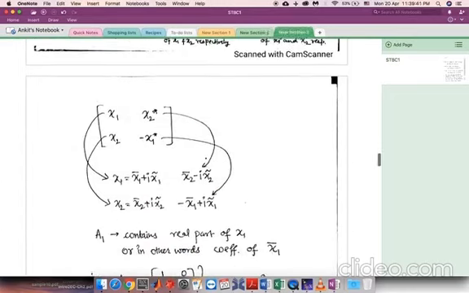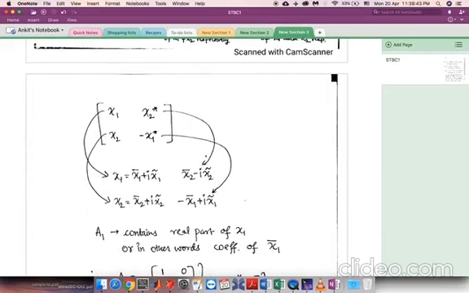Okay. So let's see in another manner. This x1 is nothing but x1 bar plus iota x1 tilde, and x2 is x2 bar plus iota x2 tilde. Similarly, what would be x2 conjugate?